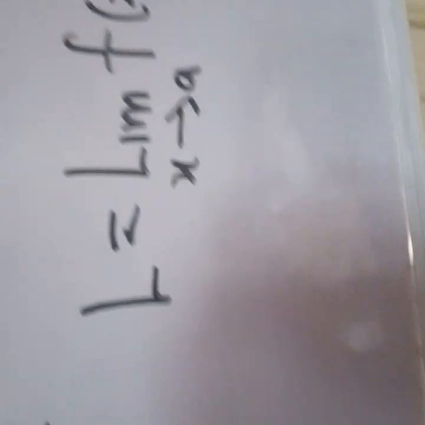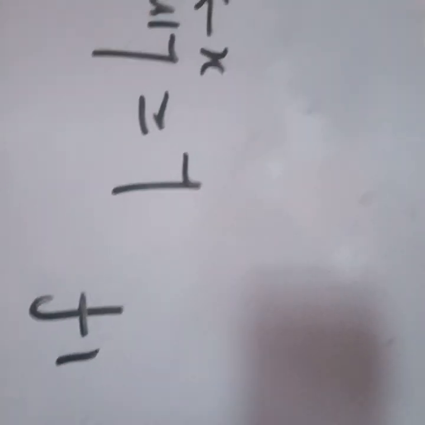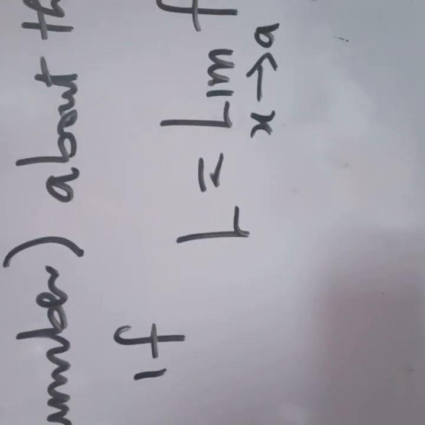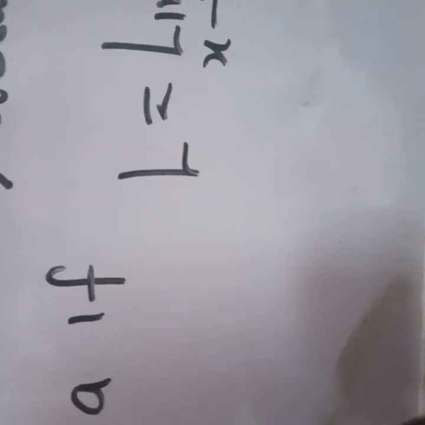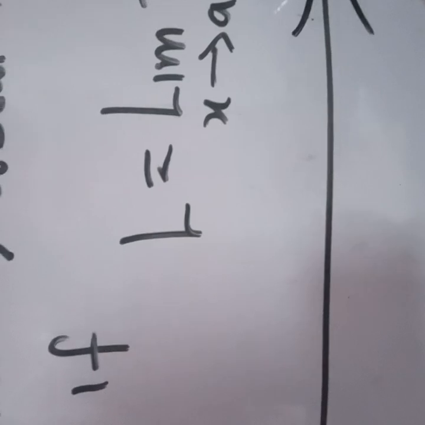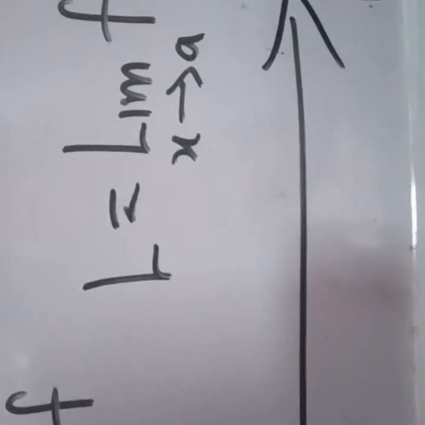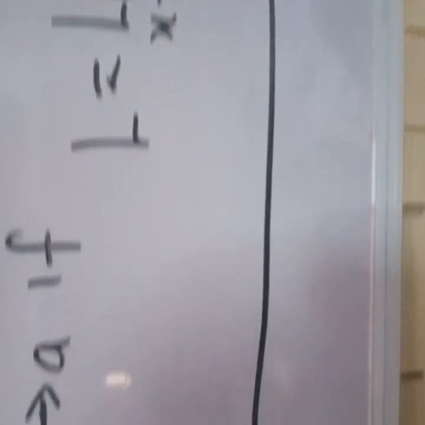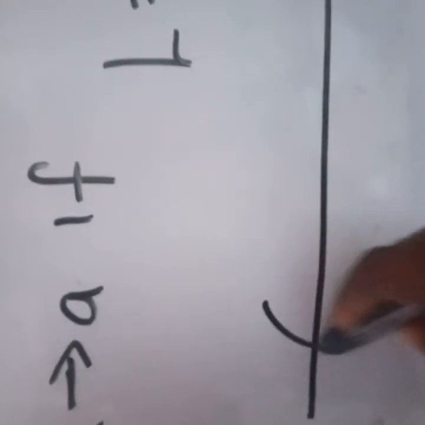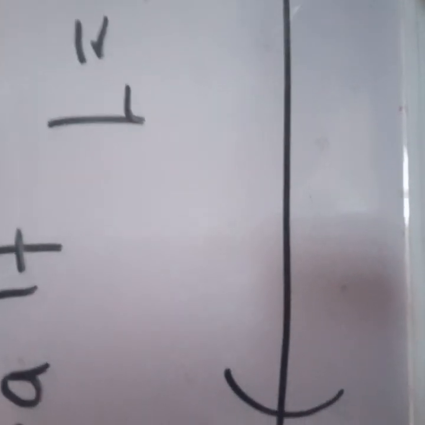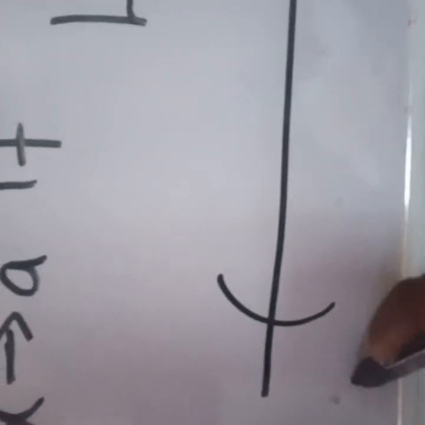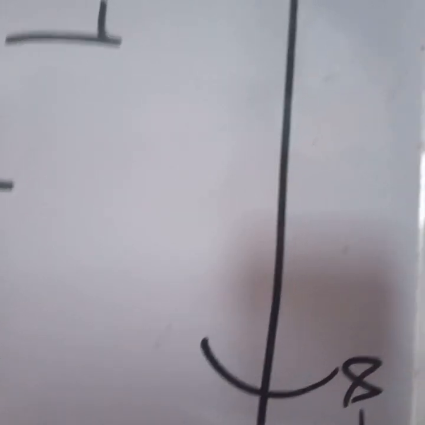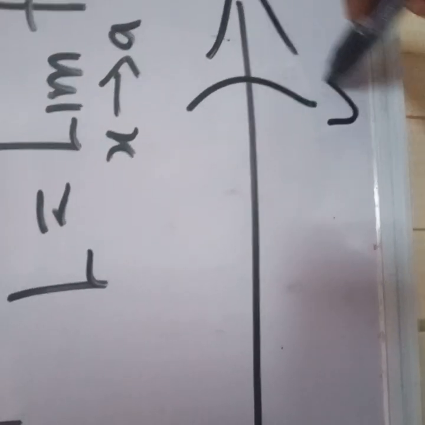Now, there are cases where this L will not be a real number. Let's say, for example, in a given number line R, this number L is in between the range of negative infinity and infinity.